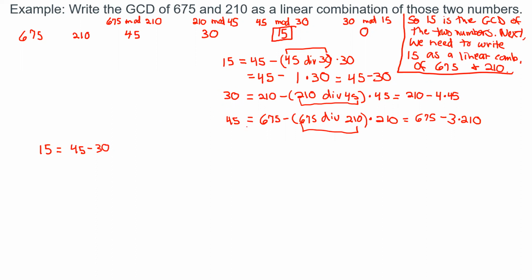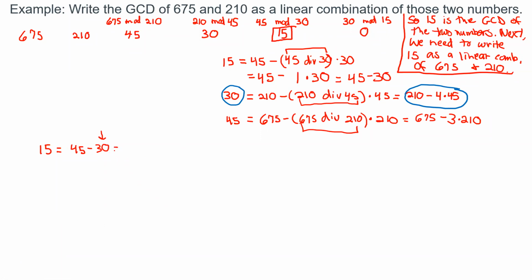You can use any order you want, but I think the best way so that we can always do it right is to always replace the lowest number here. See, 30, we know what 30 is. I'm going to change color here. 30 is this. So I'm going to write the 30 like 210 minus 4 times 45.